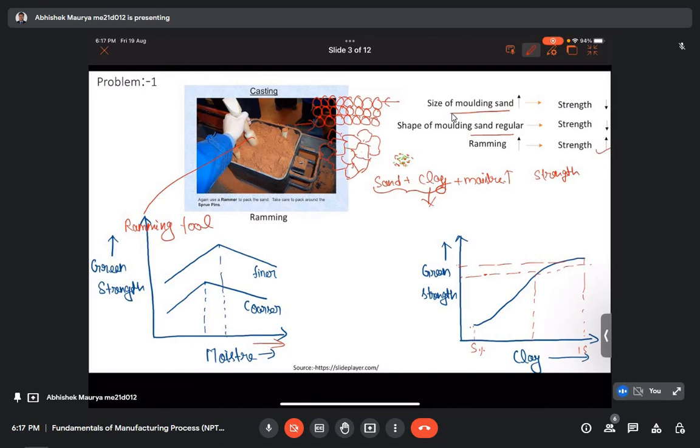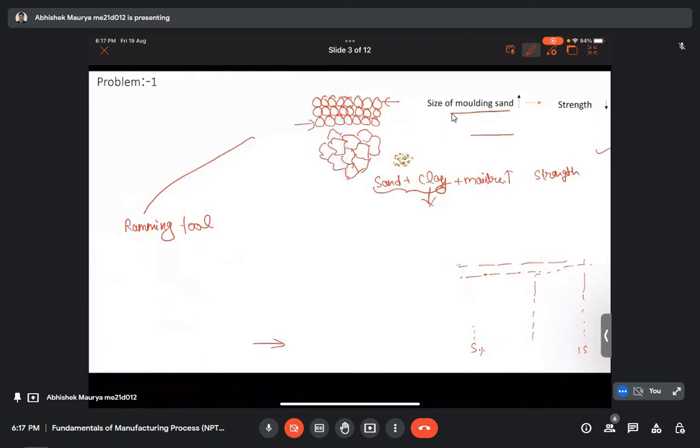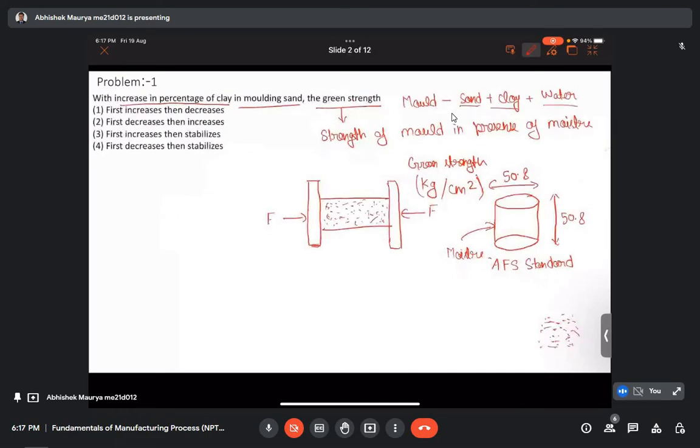So let's start looking at the options. By increasing the percentage of clay in the molding sand, the green strength, the first option, first increases then decreases. We have seen this is not the case. First decreases then increases?